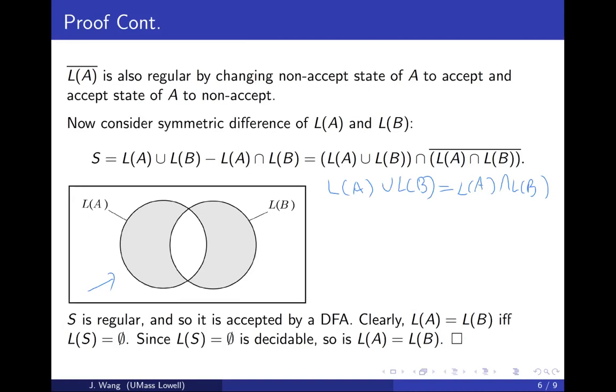So that really is L of A union L of B, intersect the complement of L of A intersect L of B, which is then equal to the empty set.